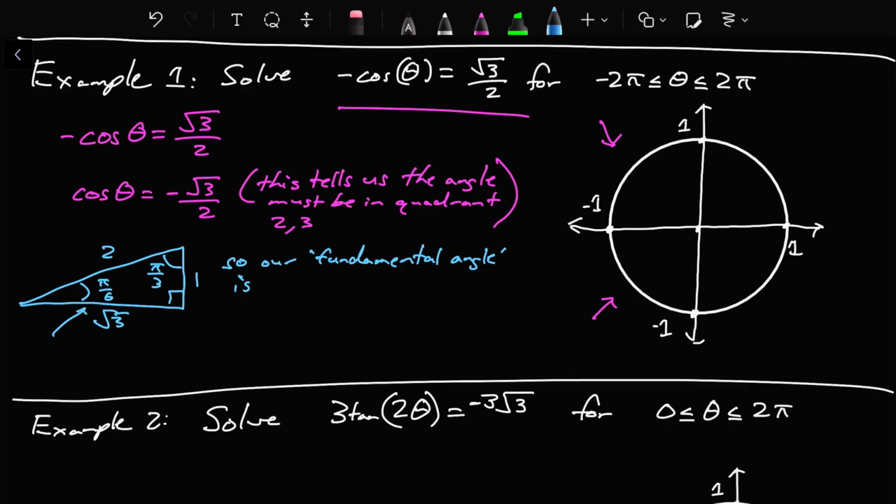It's this one, pi on 6. Okay, but we can't just say pi on 6, because cosine of pi on 6 is positive root 3 on 2. So we need to make sure that we're ending up in the right quadrants.